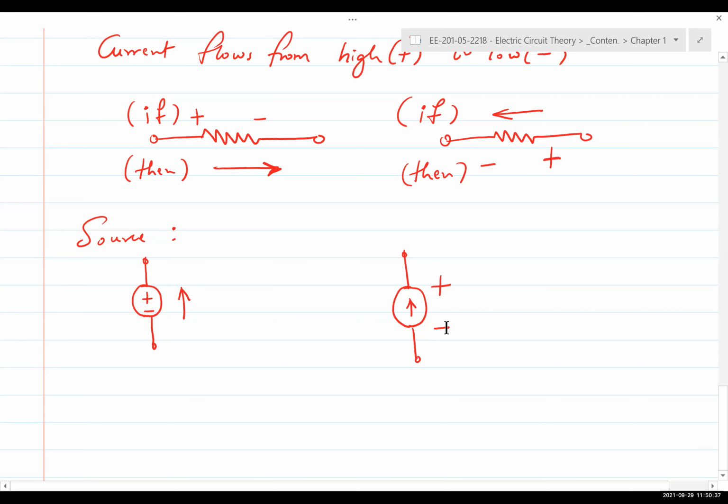One question about the source: if the magnitude of the current is negative, does that affect it? No, that would just be a representation. The magnitude doesn't change, the sign would change. So if I take the arrow and flip it, all I would get is a minus sign in front of it, but the magnitude would remain the same.